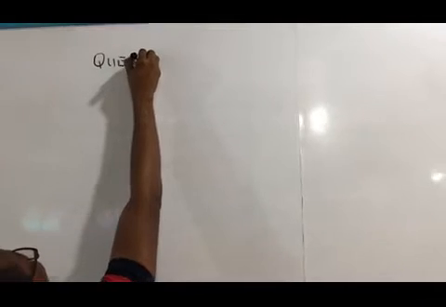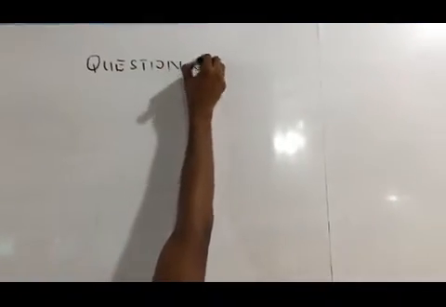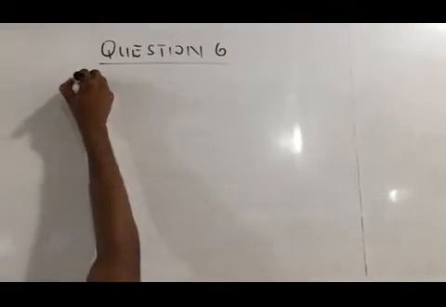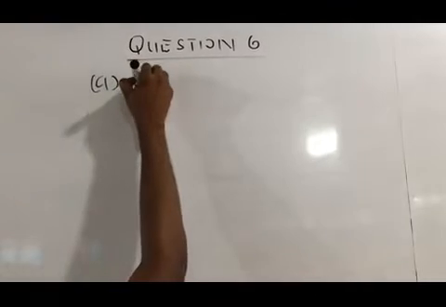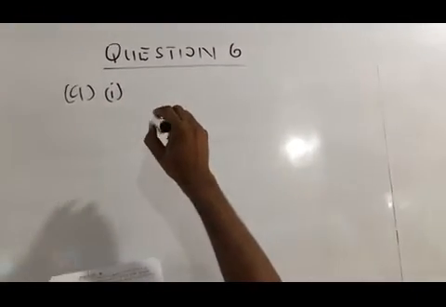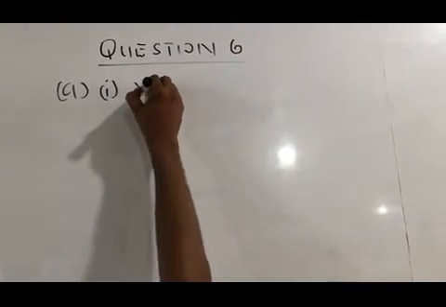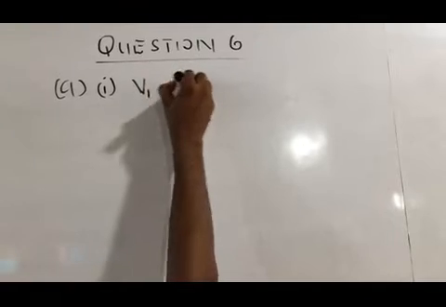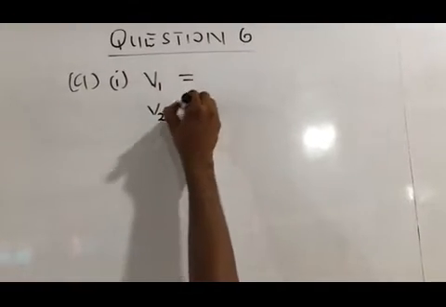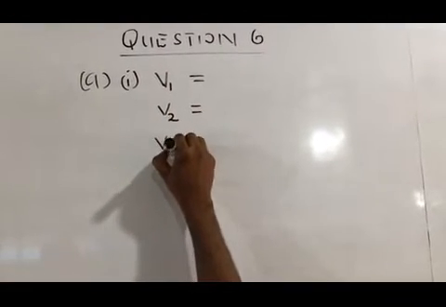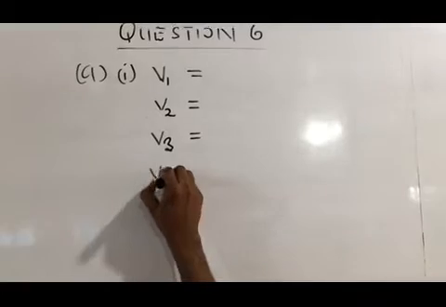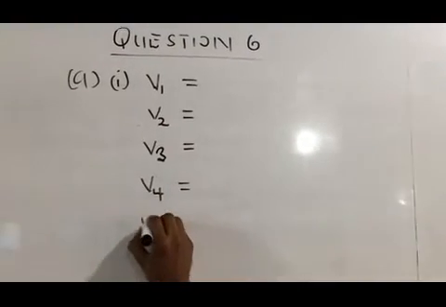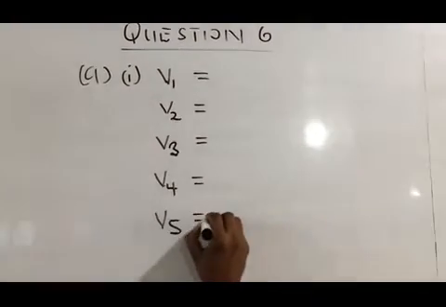So we are recording the volumes indicated in the diagram: V1, V2, V3, V4, and then V5.